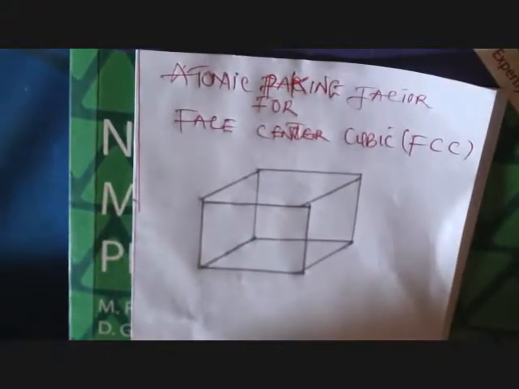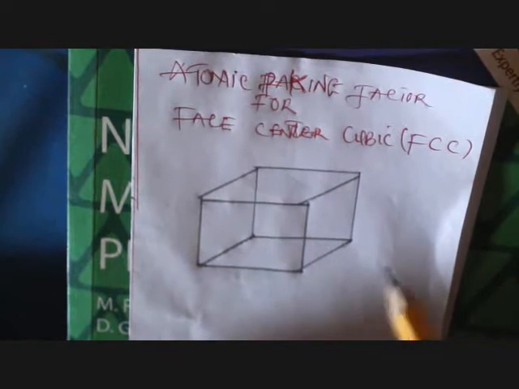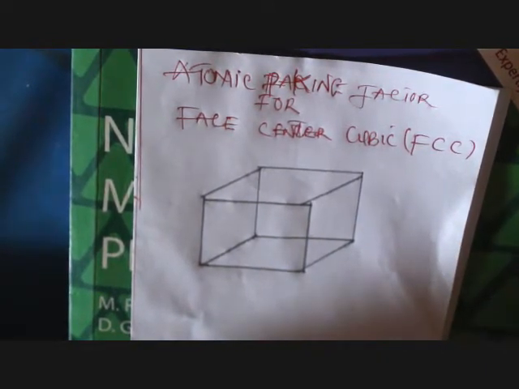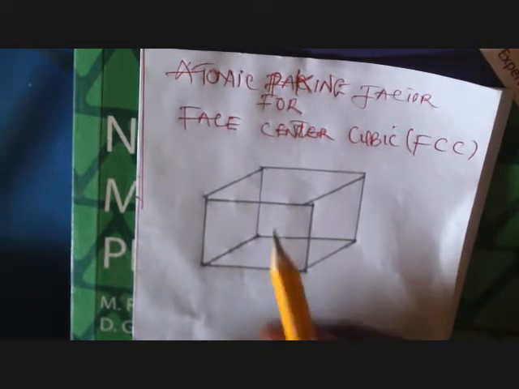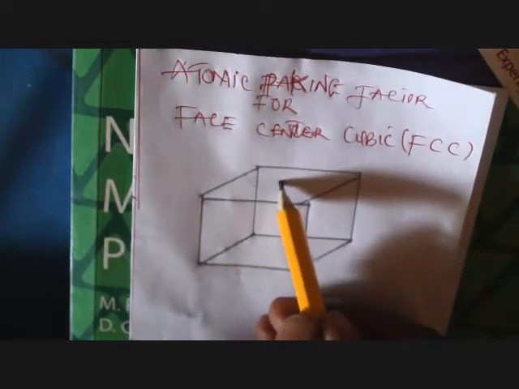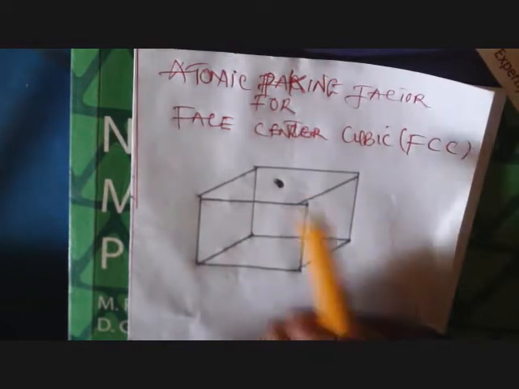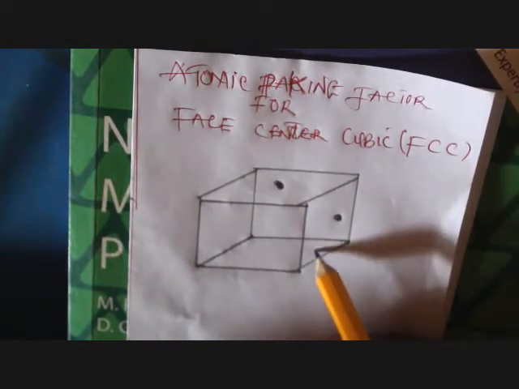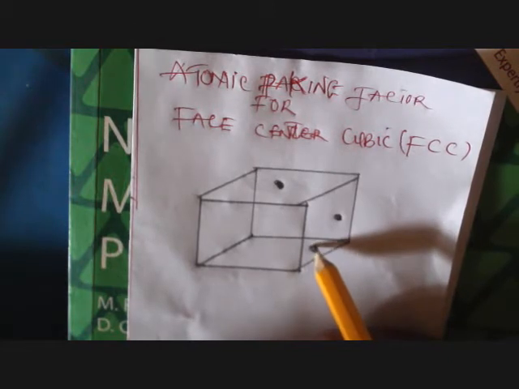Okay. So for FCC, each face of the cube has its own atom. So here the upper face has an atom, here has an atom, here at the bottom has an atom.